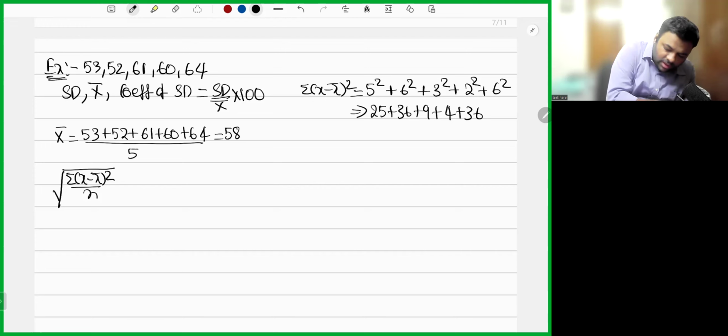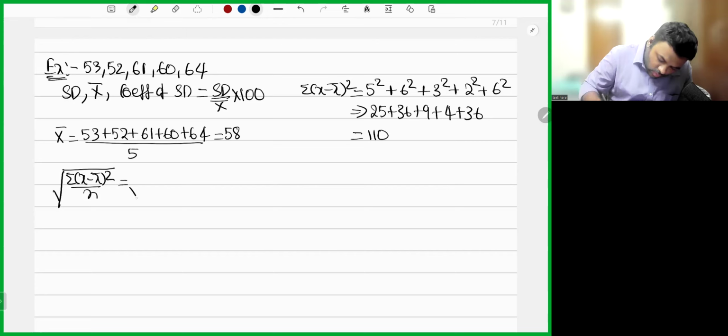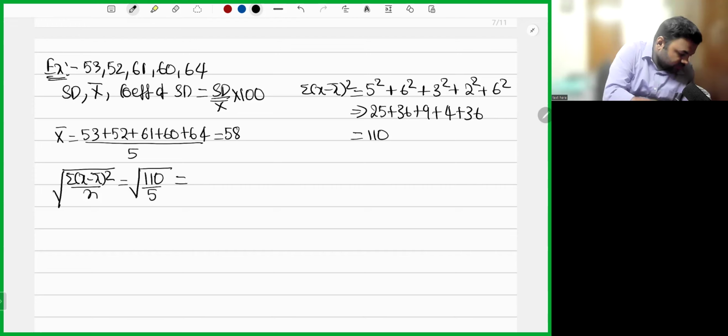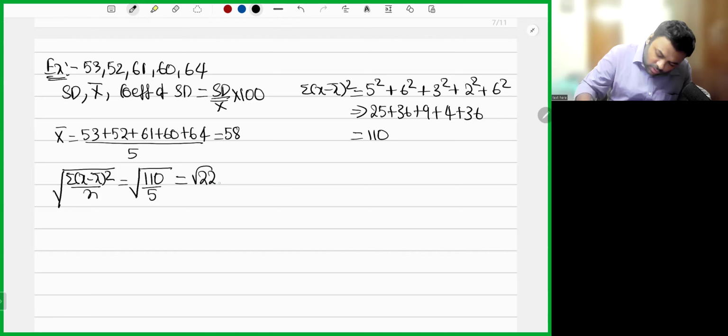That is 110. So, under root 110 divided by 5. That is root 22. So, coefficient of standard deviation will be root 22 by mean 58 into 100.